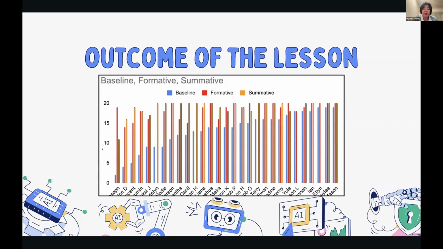After this fourth lesson, I gave a formative assessment, and we did some different activities. After the sixth block, I gave the summative assessment, and they almost reached 20 points. I was happy for them to reach almost the target goal.